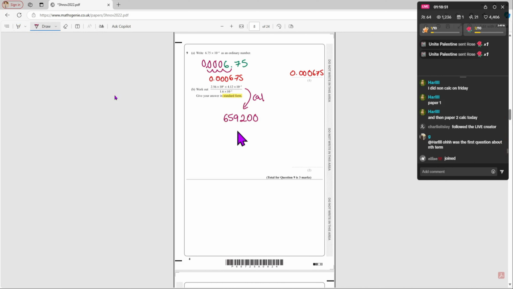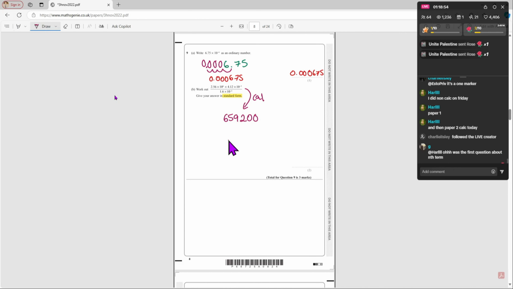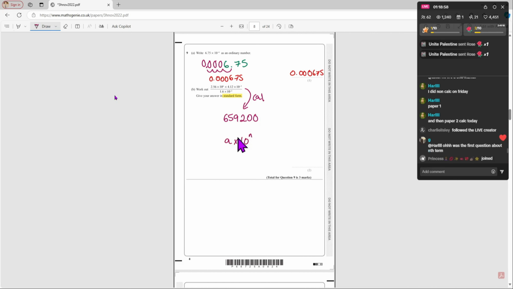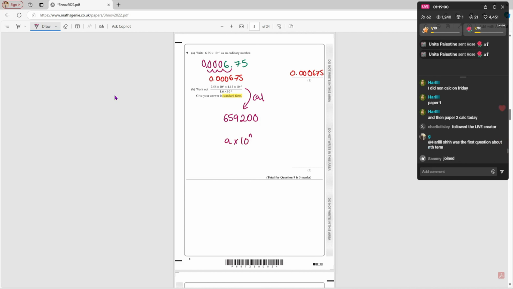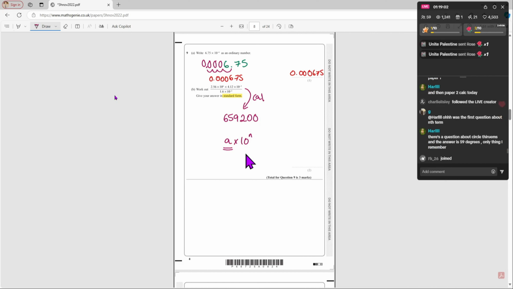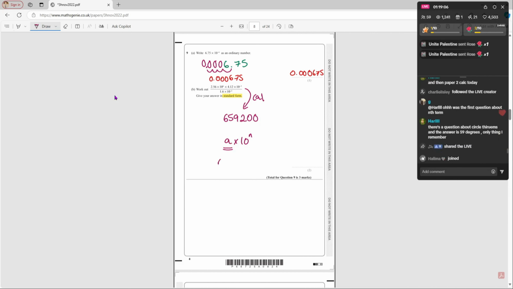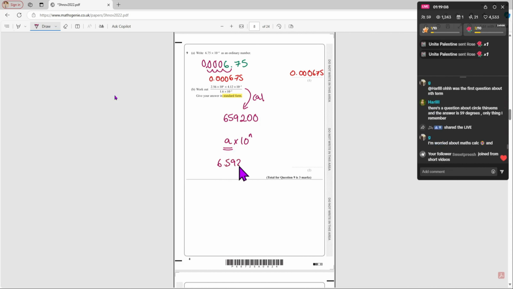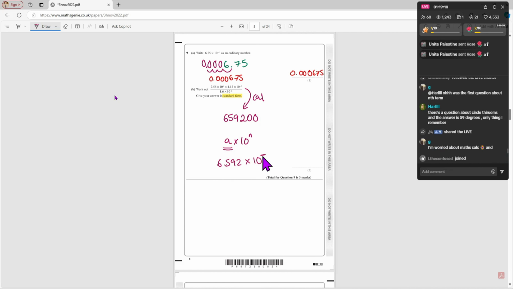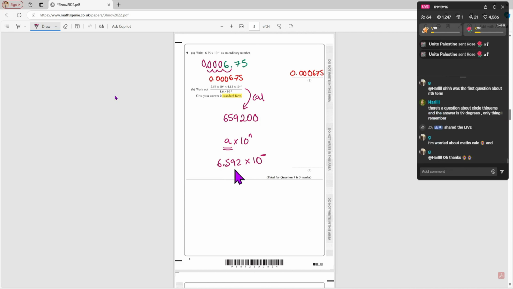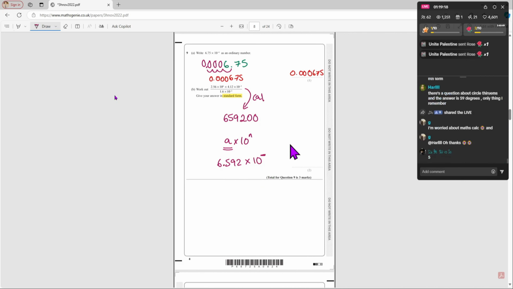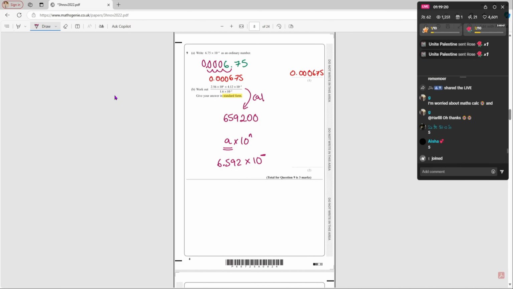Whenever we're writing standard form, it's going to be in the form a times 10 to the power of n. The term a has to be between 1 and 10. So it's going to have to be 6.592 times 10 to the power of something. Can someone tell me what is going to be our power?